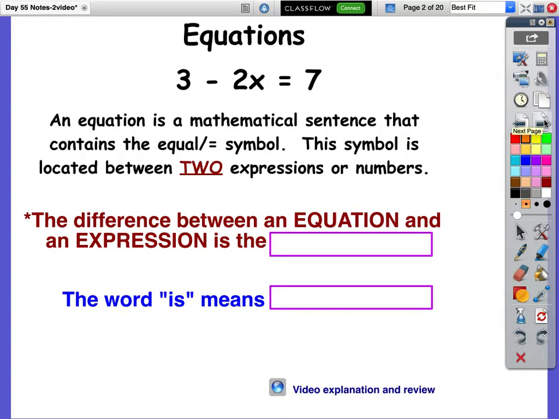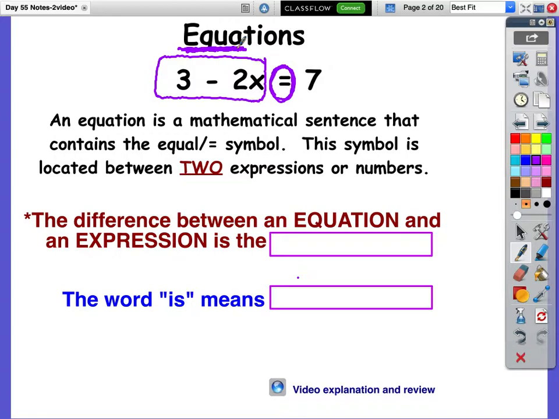Just to review, an equation is different from the expressions unit that we just finished, because an expression is just this 3 minus 2x part. But when you add an equal sign, that makes something an equation. Remember, the root word of equations is equals, and an equation always has to have an equal sign.